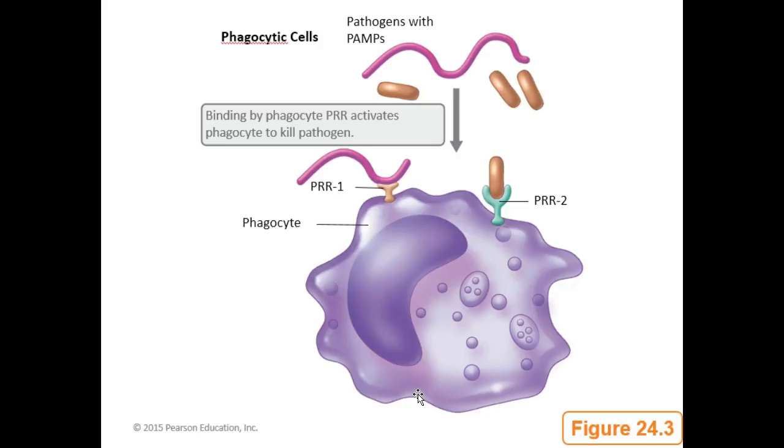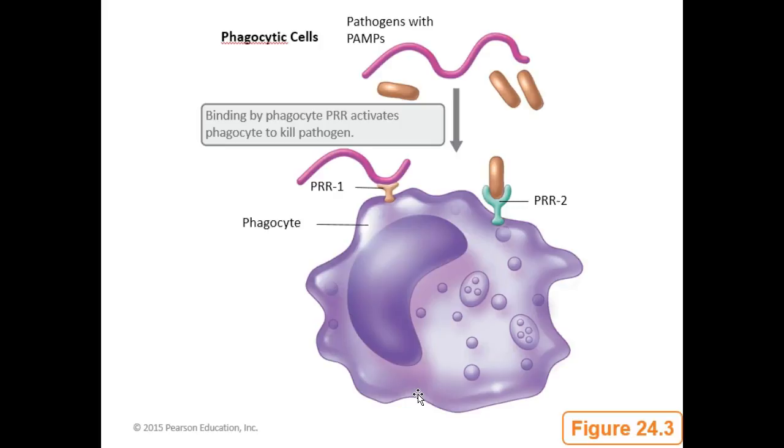PAMPs are generally absent from the host, so they're always recognized as foreign. Examples of PAMPs, like I said before, include the bacterial cell wall and membrane components, peptidoglycan and lipopolysaccharides, certain sugars, and some nucleic acid motifs.